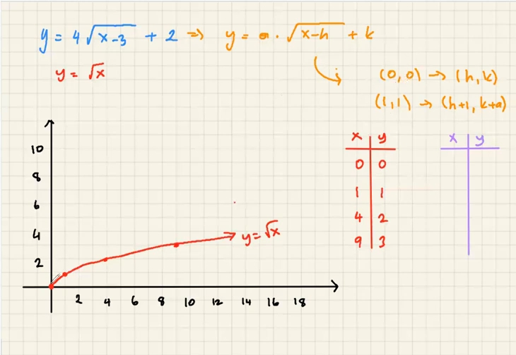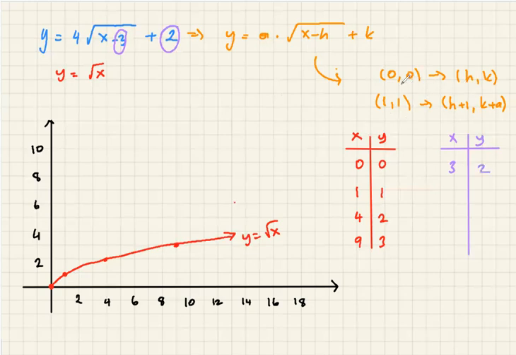The 0, 0, which is the vertex, is going to move to h, comma k. H is the number after the minus inside the square root, and k is the number after the square root. That will be our new vertex. So here it is 3, and this is 2. So our vertex is 3, comma 2.